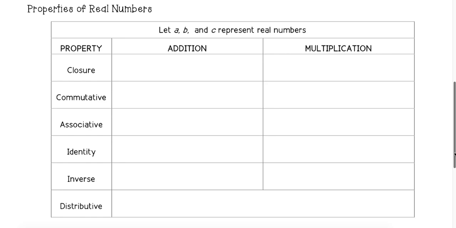So A, B, and C are all real numbers. So we're assuming everything is real, nothing's imaginary. So if I did A plus B, if I add them together, it's going to be a real number. Same idea with multiplication.